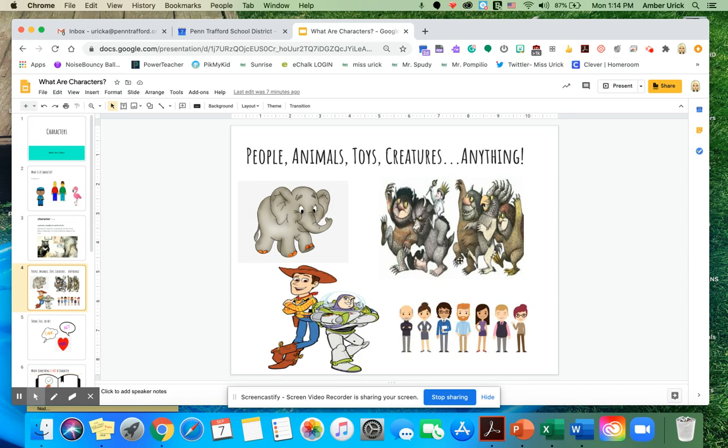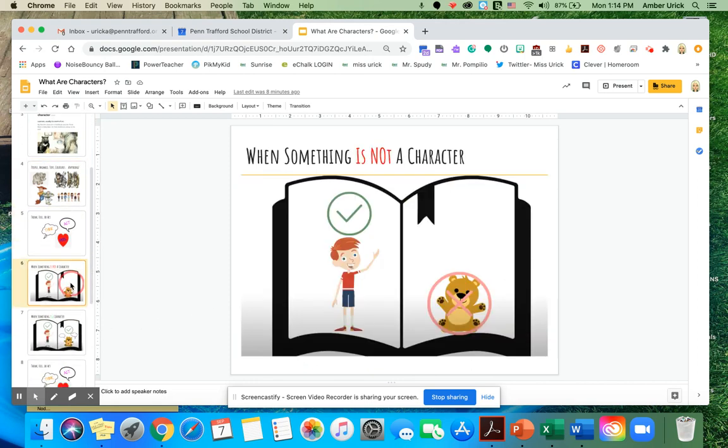And we have some monsters here from Where the Wild Things Are. Can any of those people, animal, toys, and creatures become characters? Yes. And only if, what are those three things? Can I hear you? If they can think, feel, and act. Yes. Very good.